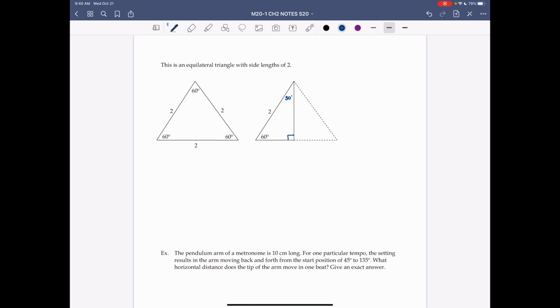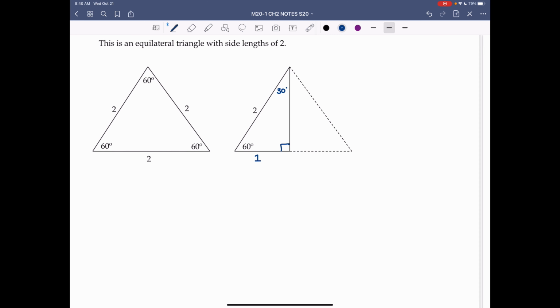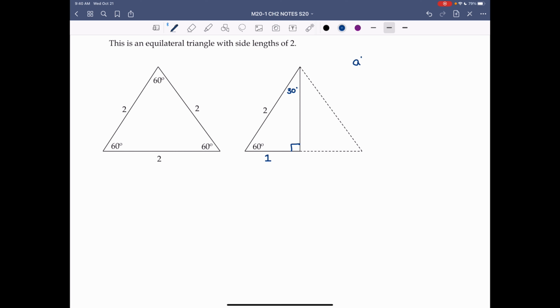The bottom side now becomes 1 because we cut the side length of 2 in half. And then we can find the other side by using the Pythagorean theorem. We have a squared plus b squared equals c squared, where c is the hypotenuse. Our hypotenuse is 2. So we know one of the sides, we'll call that a.